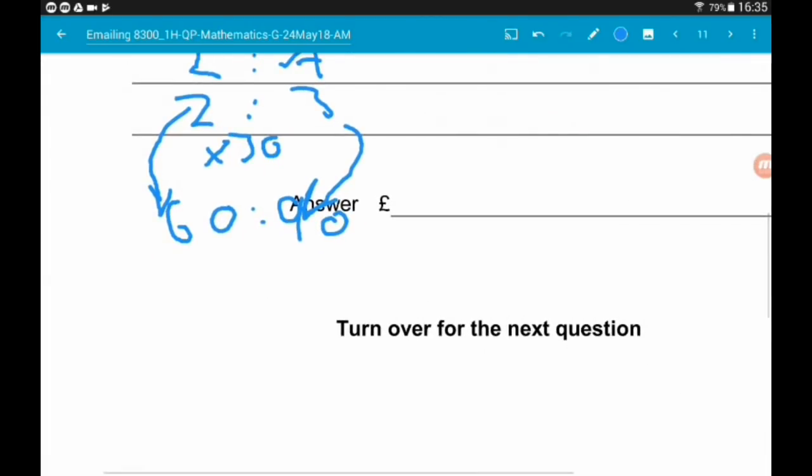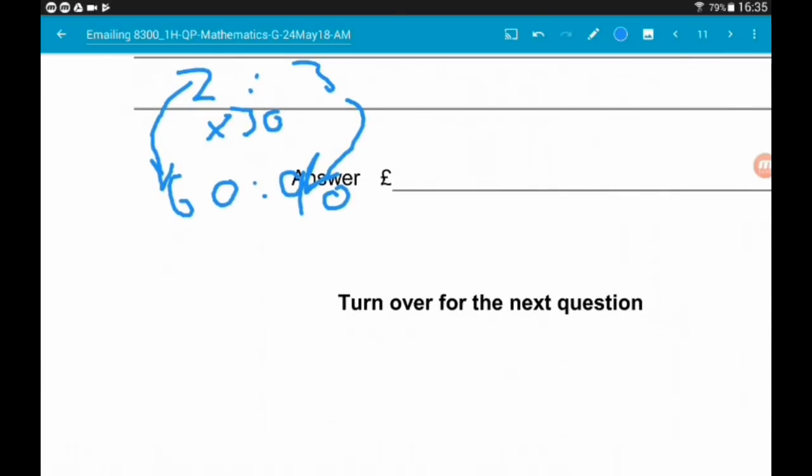So, the pattern is made up of 20 lines and 16 arcs. So we now need to work out the cost of 16 arcs. So we need to do 16 times 0.9 or 0.90.